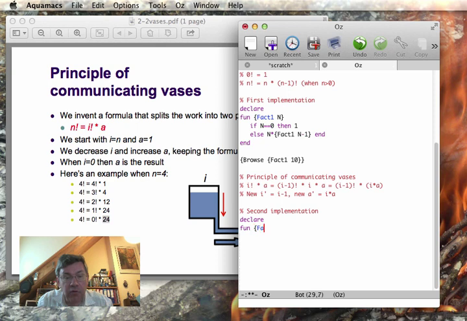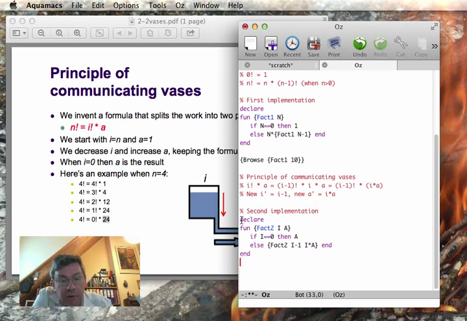So fact2. And now the i and the a become arguments. And we start with the end case. If i is equal to 0, then the result is a. Otherwise, we have to do the step where we decrease i and we increase a. So i minus 1 and i times a. So there, this gives us our second definition.